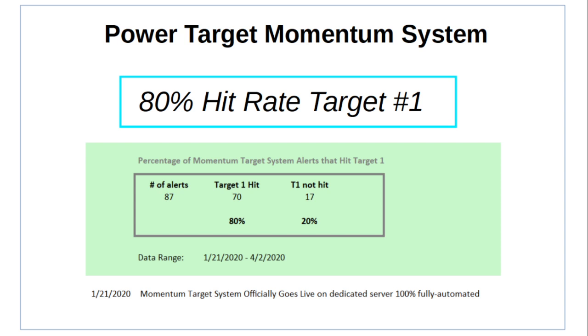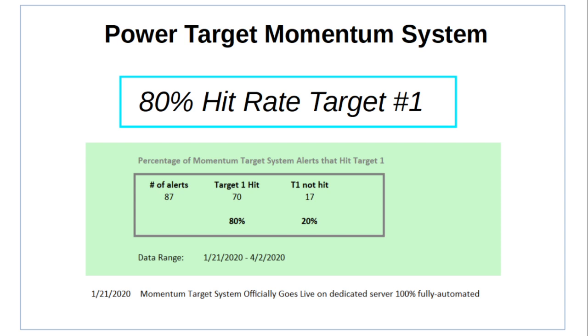The second requires the market to make a more extended move, so you get a bit less of a hit rate on target two. And back in January before the market really went crazy, target three would require one of those trend days you mentioned in the previous slide, where the market had a long range trending move. Those were the days where you'd really capitalize on a big move.